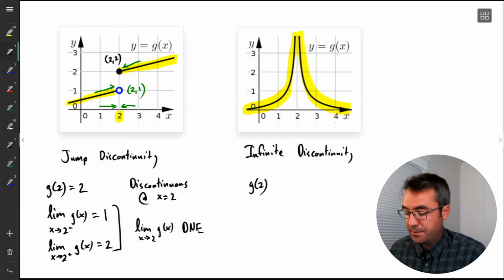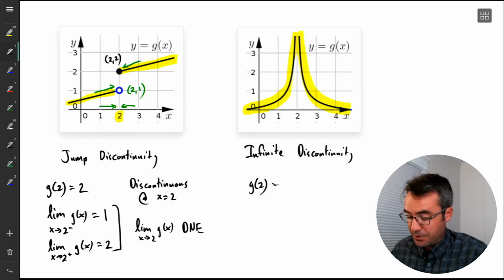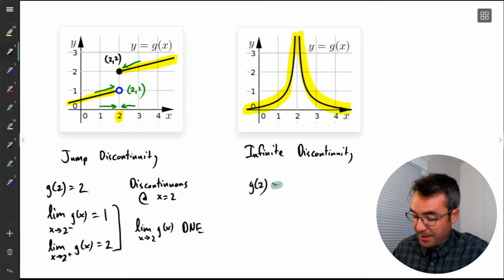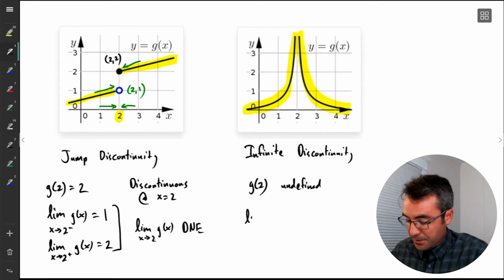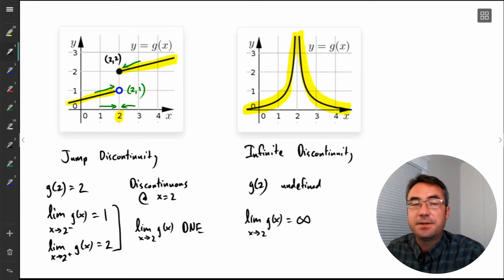So if we go through, first of all, our function, is it defined? If I look at x equals 2, nowhere do I actually see a point on the graph. So in this case, it's undefined. It's not equal to anything. So right away we know it's not continuous. But if we were to calculate the limit, it's positive infinity.